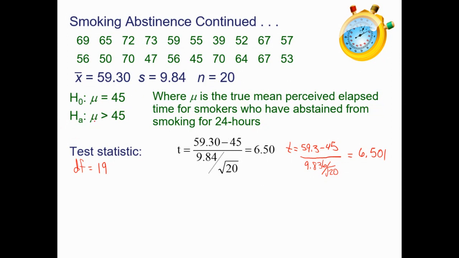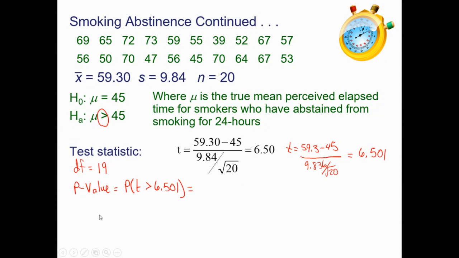It's a right-tailed test. So for the p-value, what we're really wanting to find is the probability that t is greater than 6.501 when we have 19 degrees of freedom.